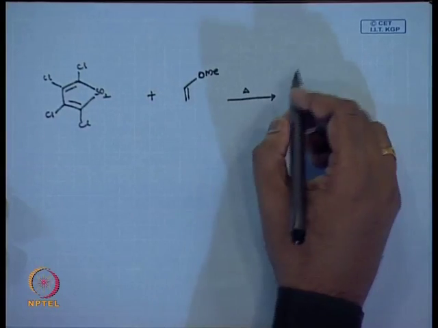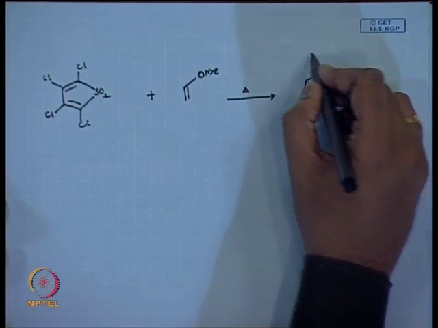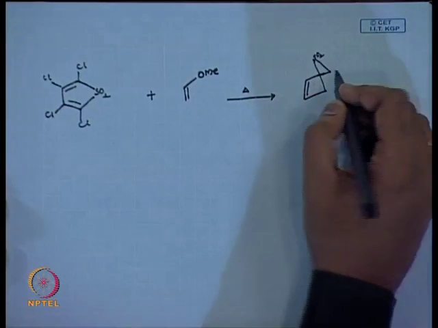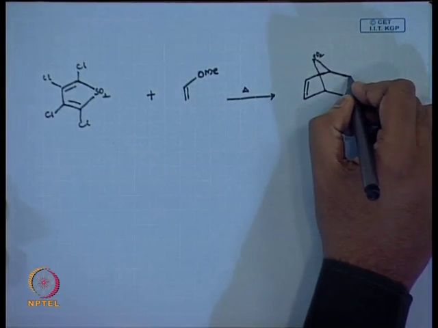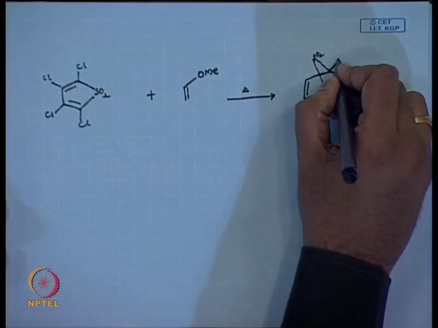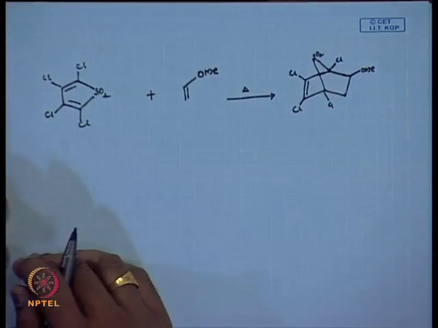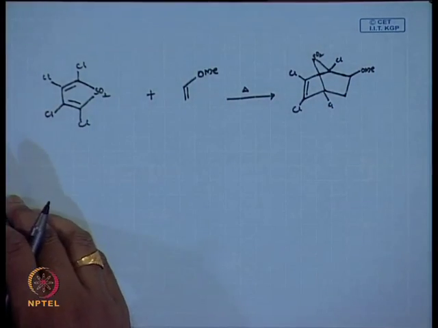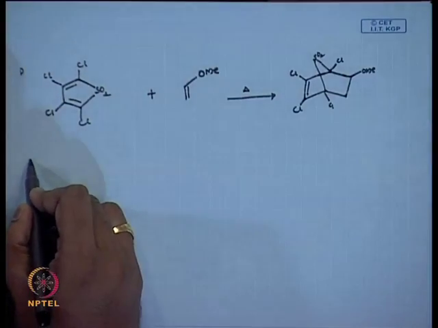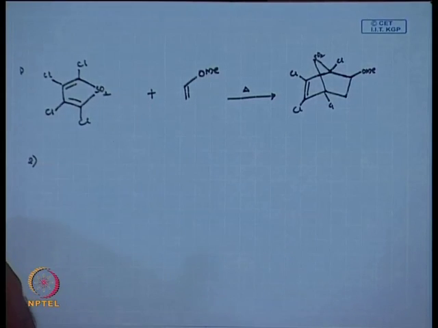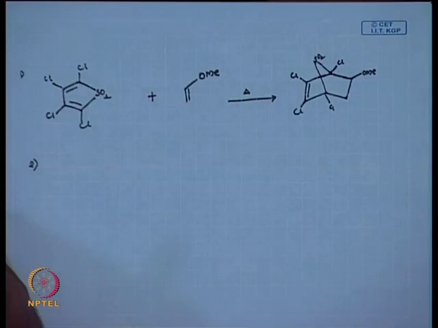If you just read this reaction, you end up with a chlorine, all the sites of the reactions. You can get this product. Even there are reactions where it has been used. You have heard about Diels-Alder type of pesticides. You can synthesize them using these inverse electron demand reactions.